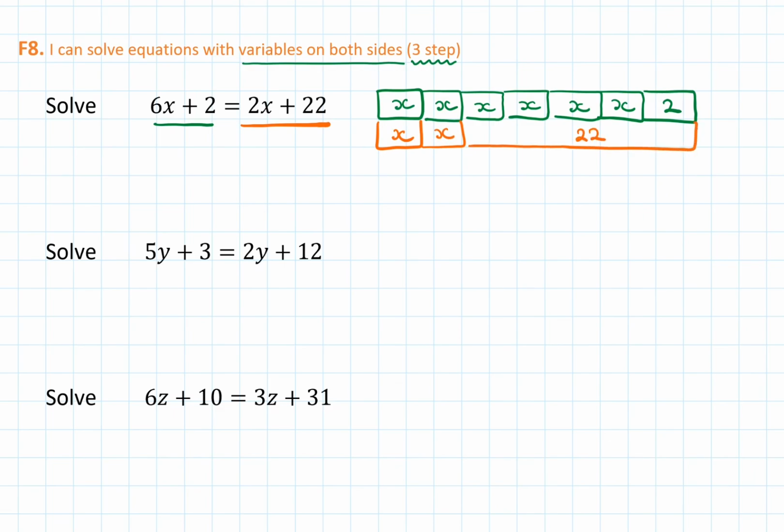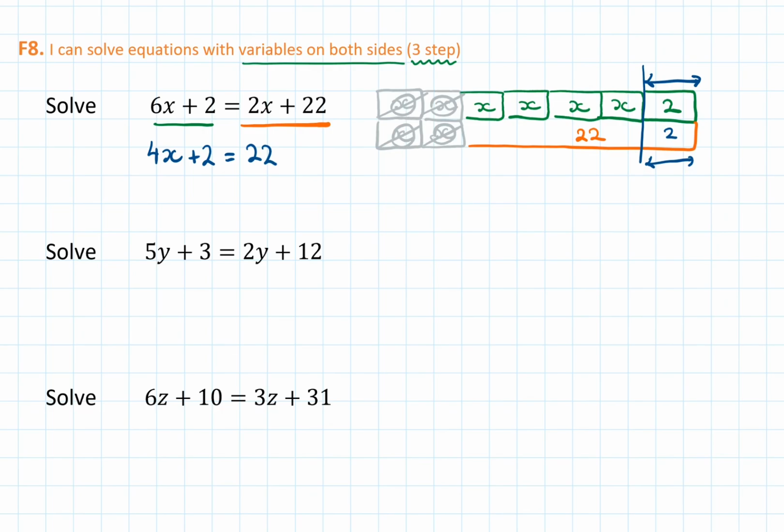Our first step will be to realize that whatever is equal on both sides, we can just get rid of it. So we have an x and another x here, and an x which is equal to that x. So what we're left with is that 4x plus 2 equals 22. We can now do what we did earlier, which is realizing that 2 here can also be found here.